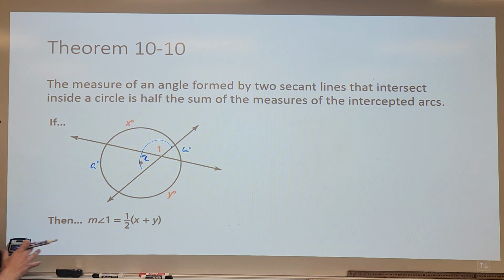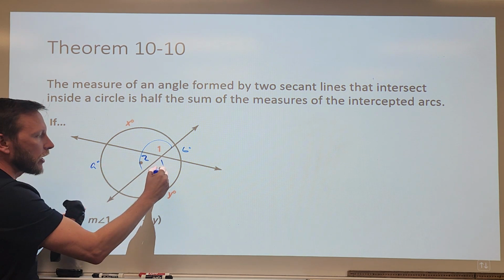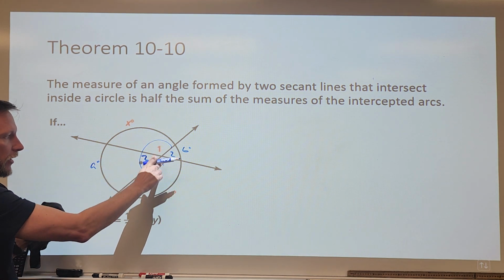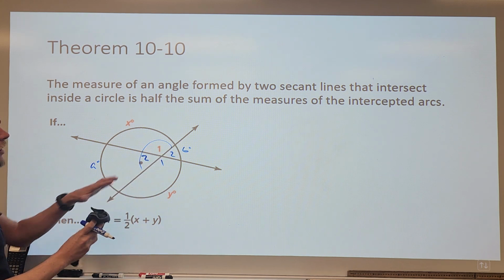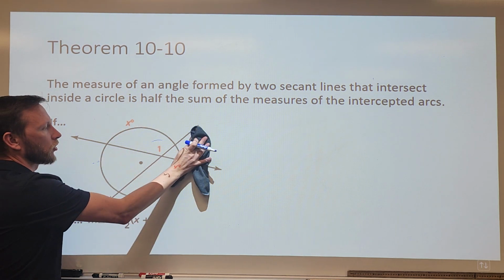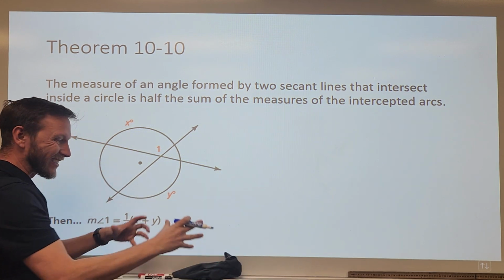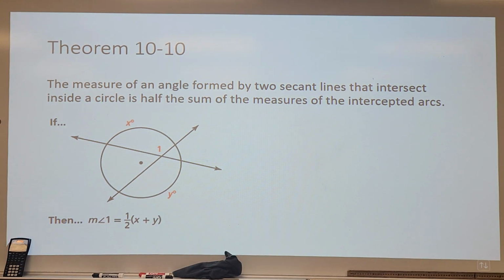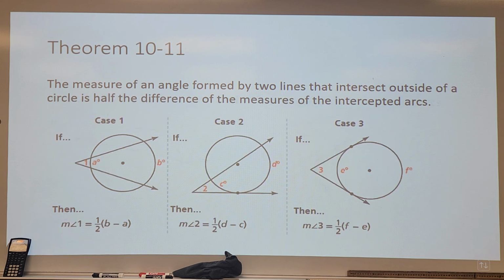We can use vertical angles to know that we have angle 1 and angle 1, angle 2 and angle 2. We've got supplementary angles along the way as well, so we're synthesizing some ideas from even first semester in our work here now.